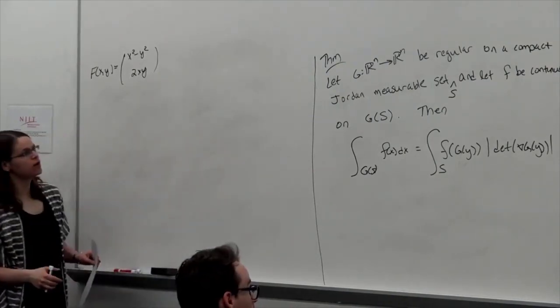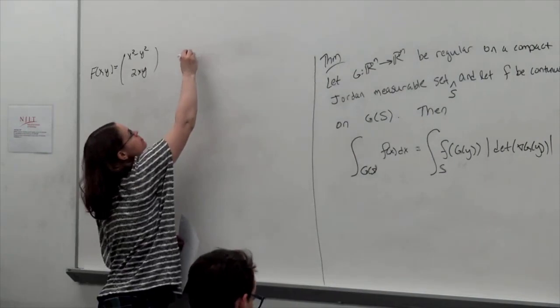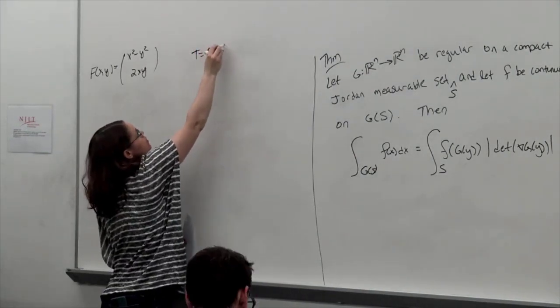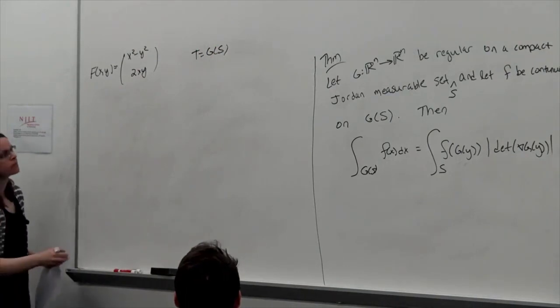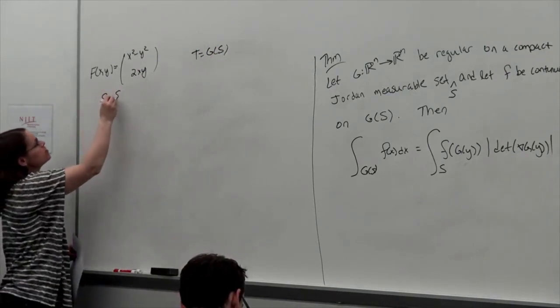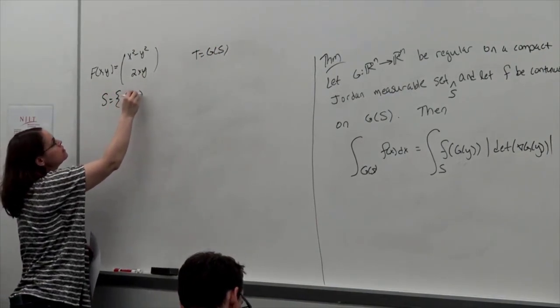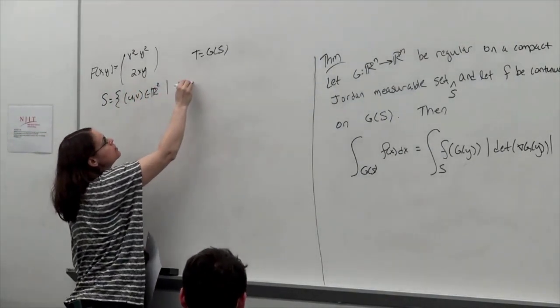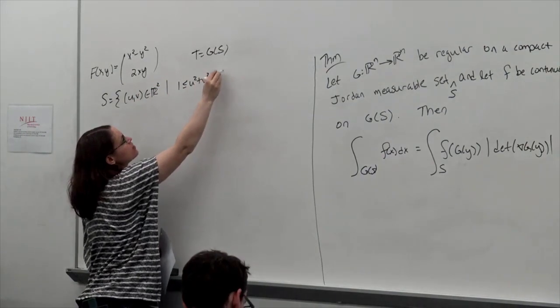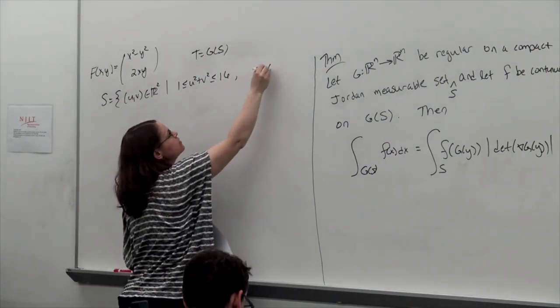Okay, so if that's the set that I want to be integrating over, so t equals g of s, we've worked out what s is. s is the set of all u and v such that u squared plus v squared is between 1 and 16 and v is non-negative.